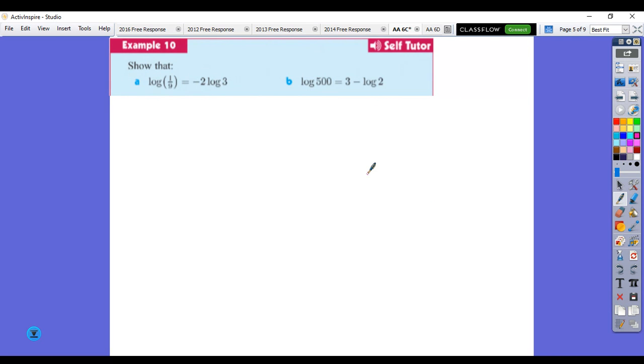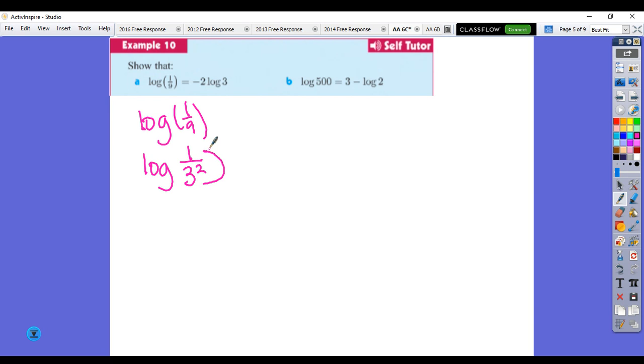Okay. All right. So the last couple examples, we're showing that the left side equals the right side. If we're showing something, we can't start with this side. I'm going to start with log of 1/9. And I'm going to use properties and move my way down until I get to this point. All right, my first step is I'm going to replace 9 with 3 squared.